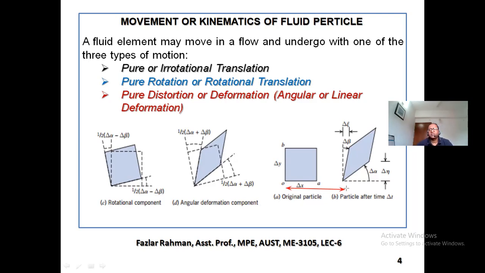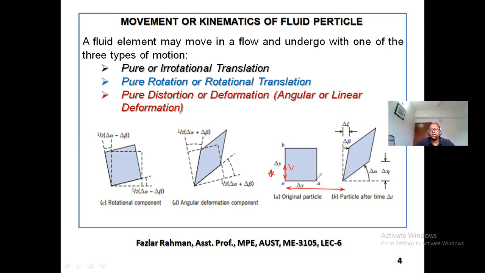The reason is that this point O is traveling with a certain velocity along the x-axis, along the y-axis. So along the y-axis, the velocity of the fluid at point O, say, is v.